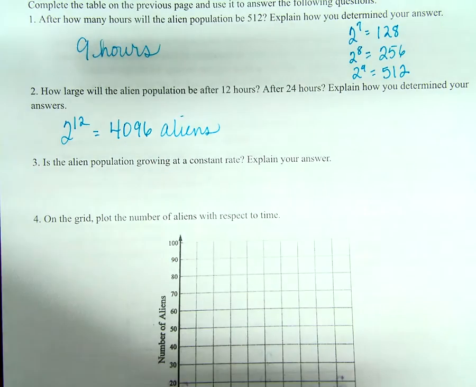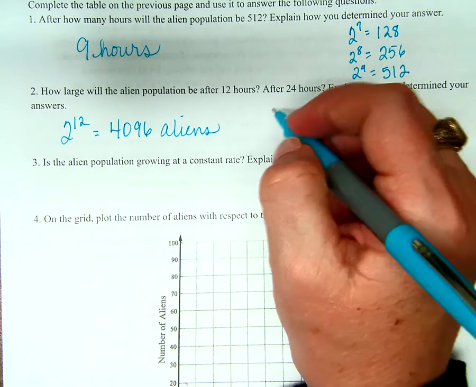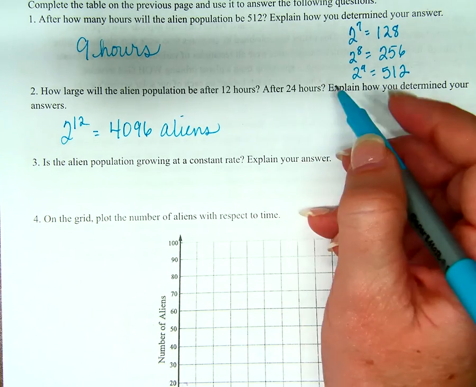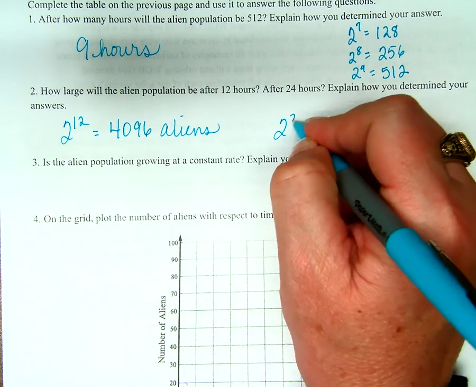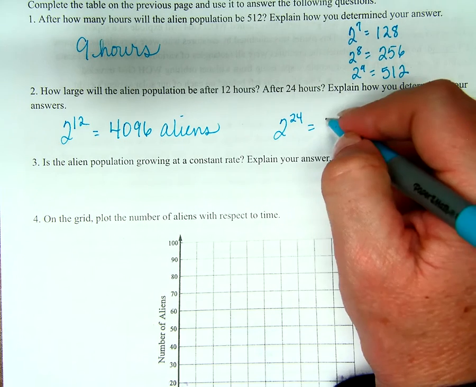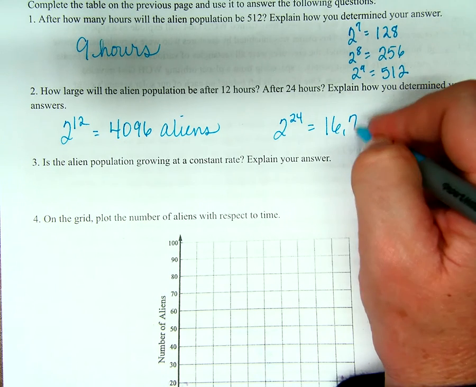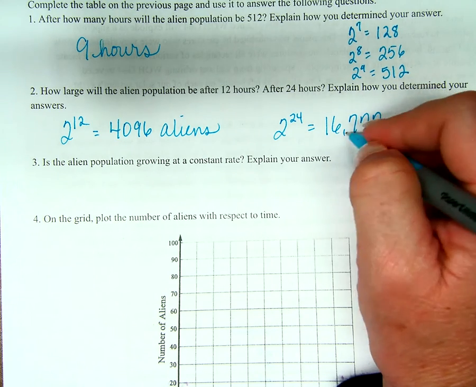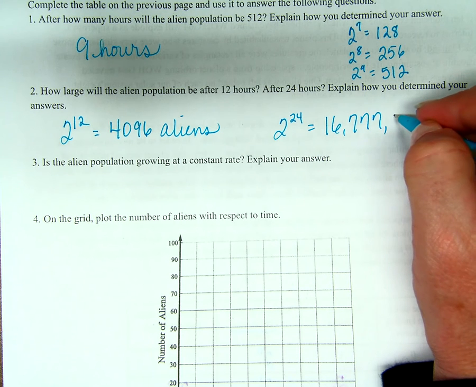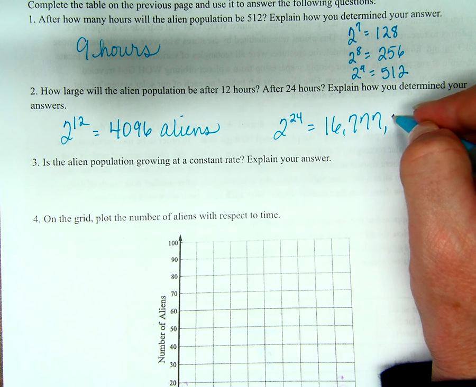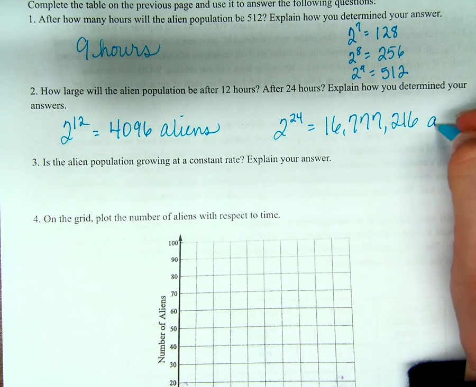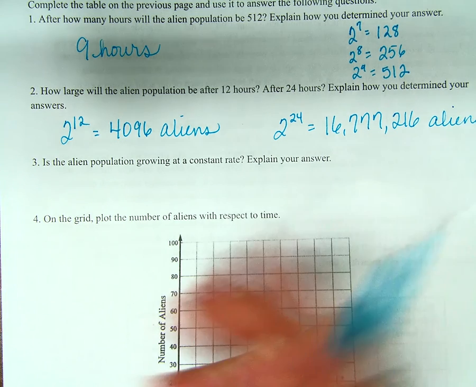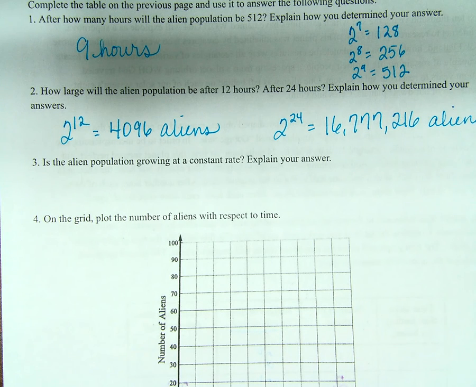We're being specific about what it's asking. So what about after 24 hours? 2 to the 24th, which is 16,777,000. What's the rest? 216 aliens? Oh my gosh, we're being overrun by aliens.